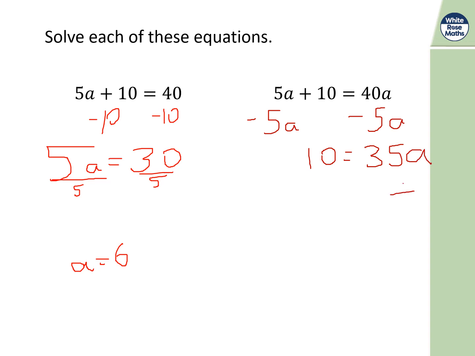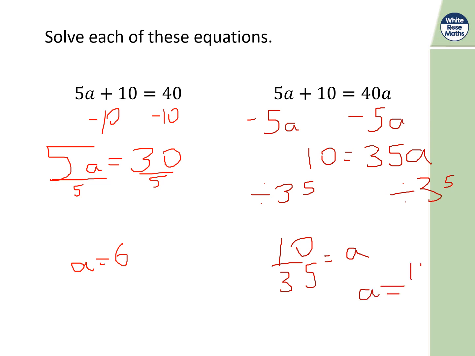Dividing both sides by 35 to get a by itself, we get 10 35ths is equal to a, and that fraction can be simplified, but I'll leave it like that. If you want to simplify it, I can divide top and bottom by 5, so I get 2 sevenths. So a is equal to 2 sevenths in its simplest form, or 10 35ths.